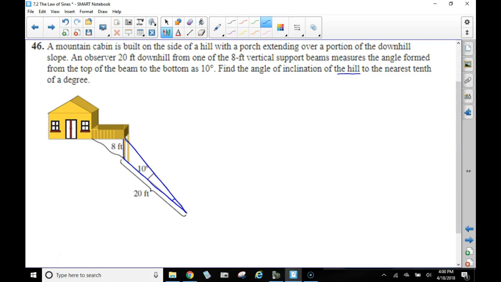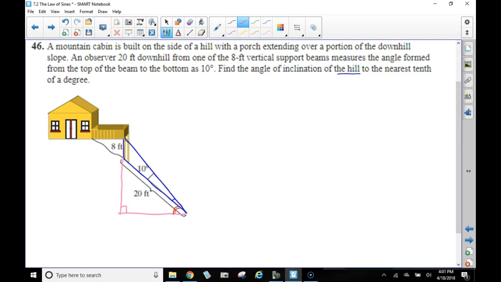So what we are actually looking for is how steep this hill is. Let's draw straight across, that would be horizontal, and then let's drop a vertical straight down here. What they're wanting us to find, let me make this in red because it's going to be our final answer, is this angle here.